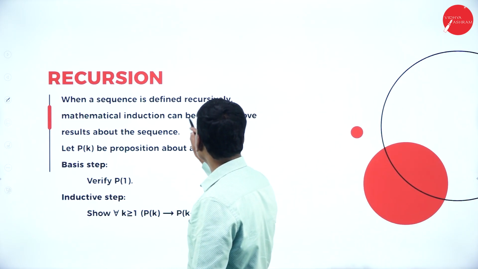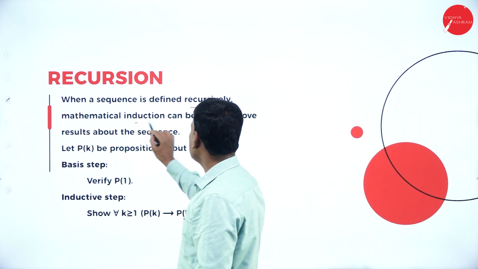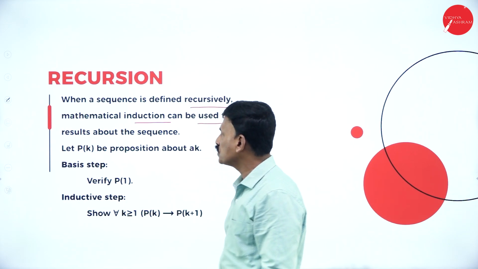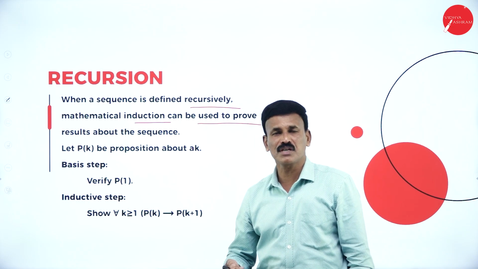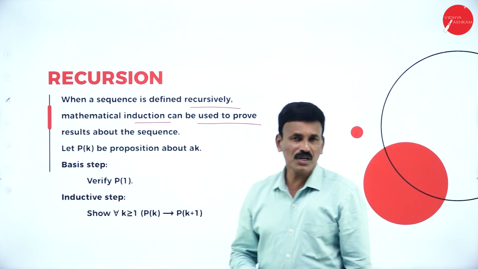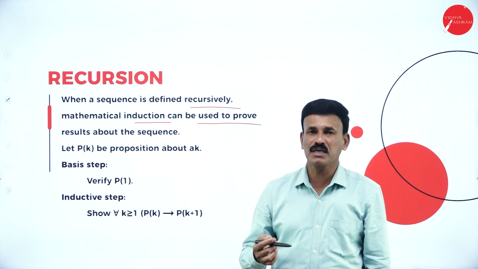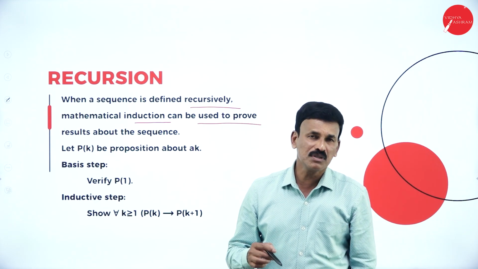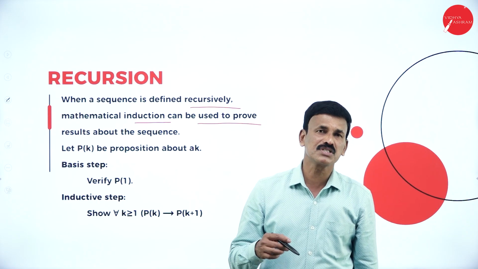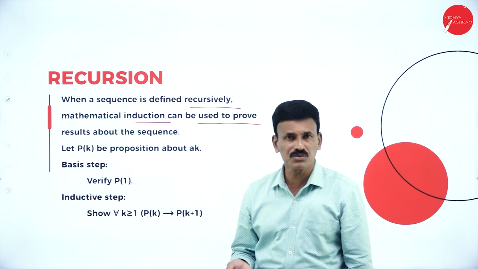When a sequence is defined recursively, mathematical induction can be used to prove results about the sequence. In mathematical induction, what is the procedure? We verify the given statement for n is equal to 1, and assume the statement is true for some positive integer k, which implies it is also true for k plus 1.